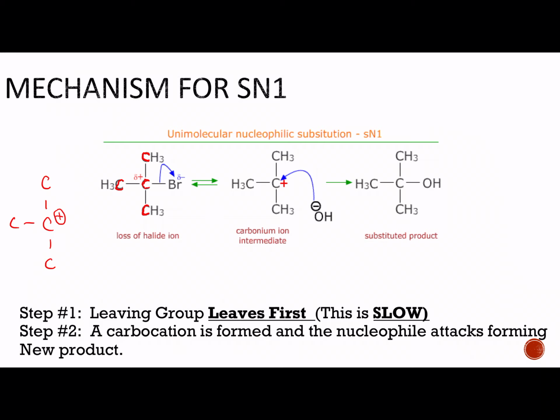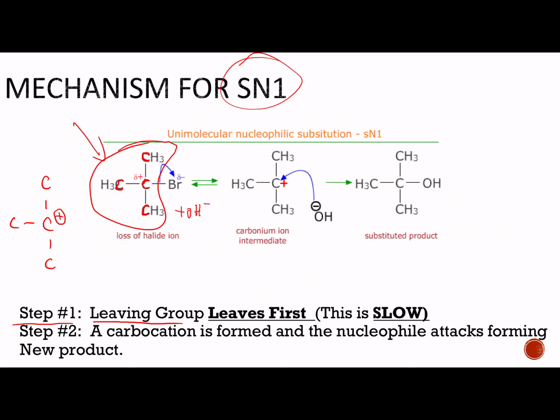Therefore, the first step in the mechanism for SN1 is that your leaving group actually leaves first. So it doesn't matter how much of your reactant there is, because this bromine ain't leaving until it feels like leaving, is the idea. And so only the rate of the reaction is dependent on this reactant, which is why we call it SN1.